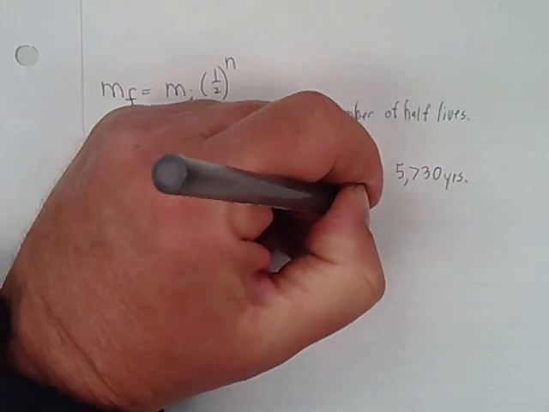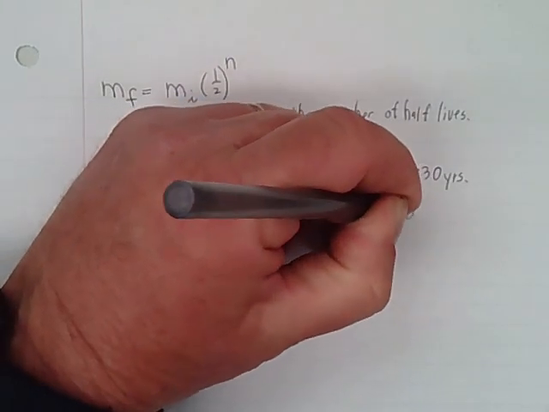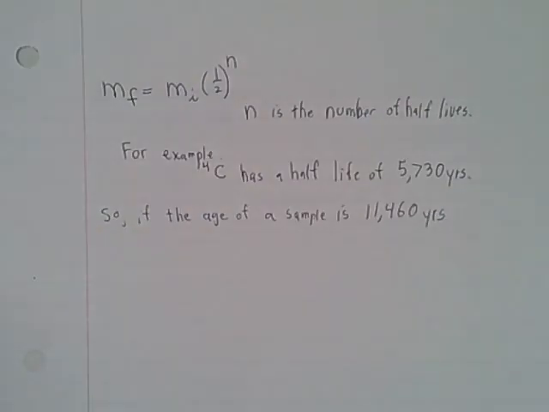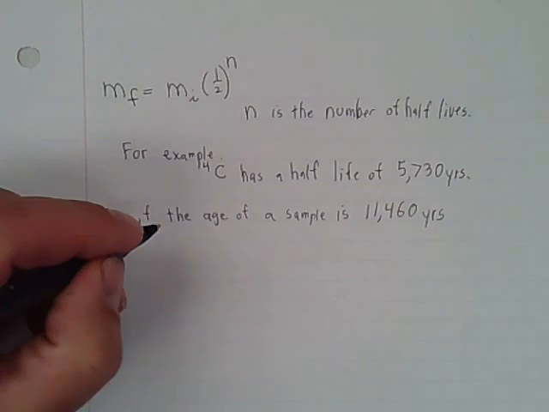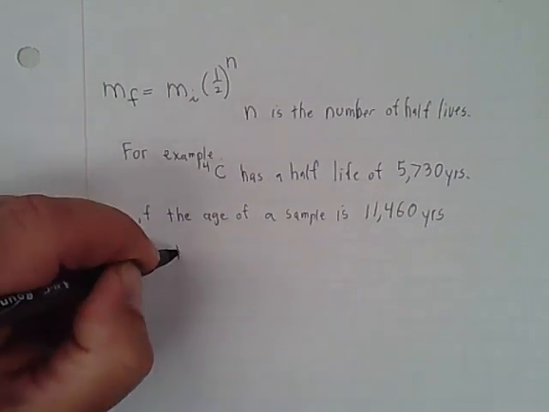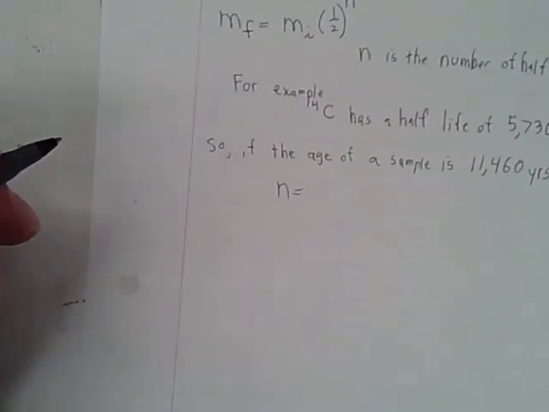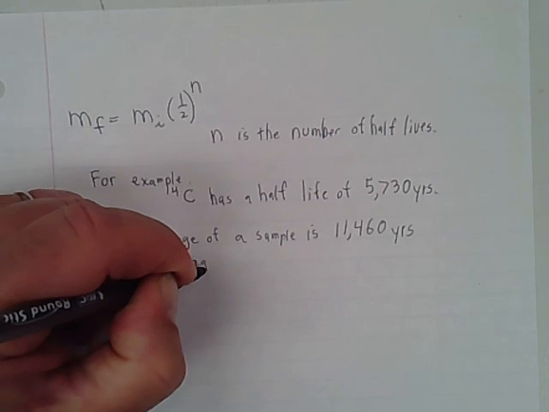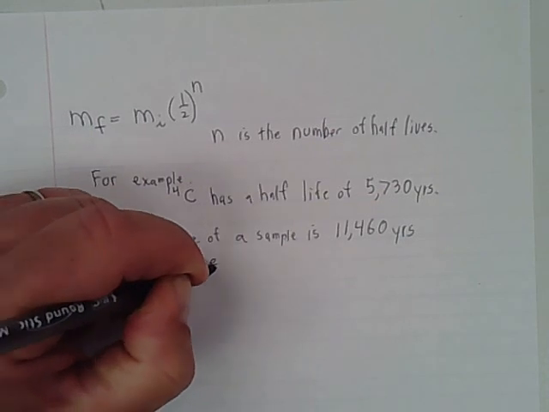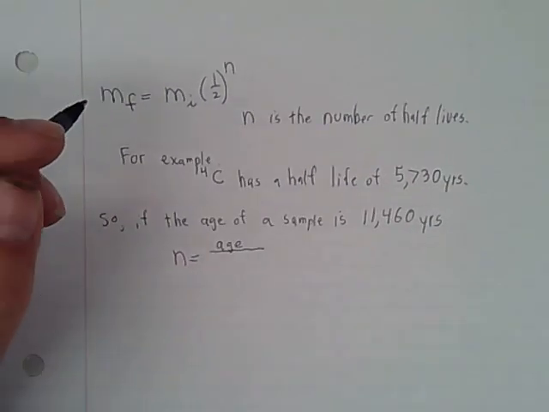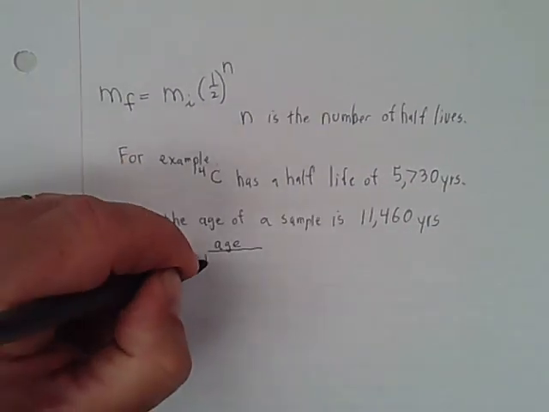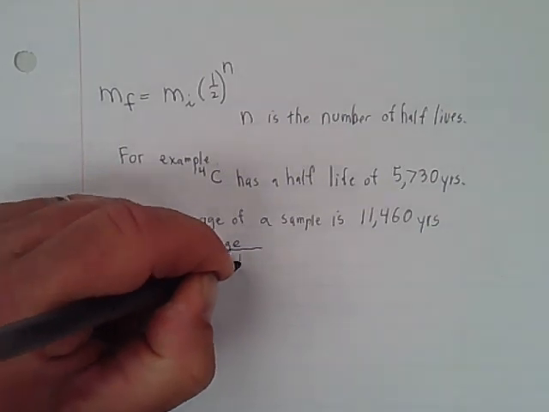So if we had a sample that was 11,460 years, how many half-lives would that be? Well, that one is simple. The number of half-lives is equal to the age of the sample, or the amount of time that has gone by, divided by the half-life time.